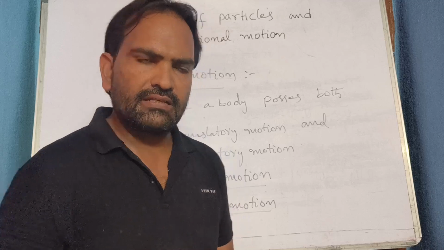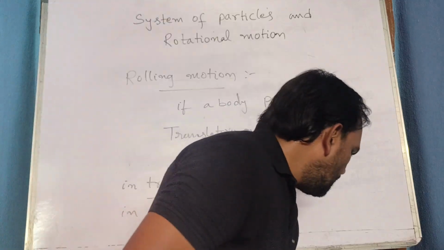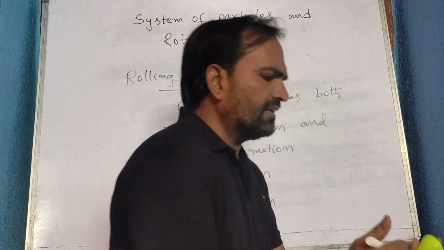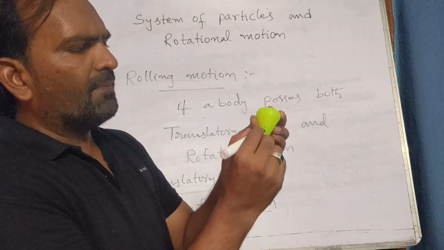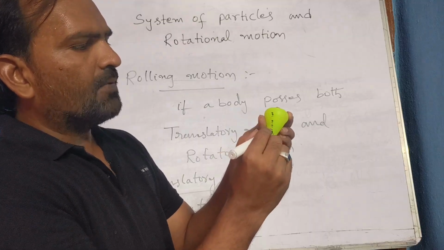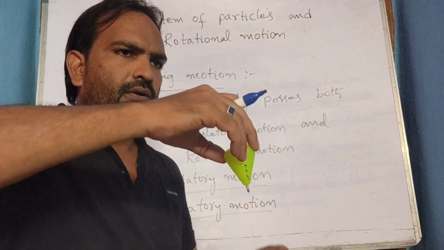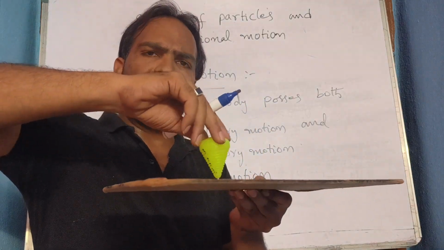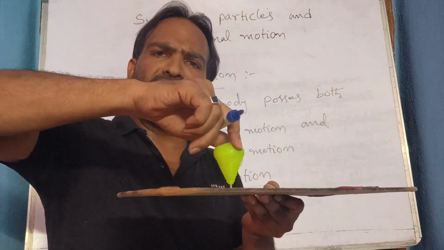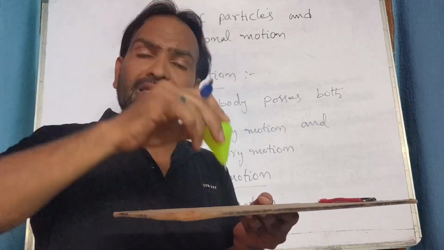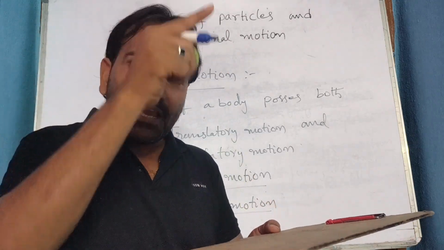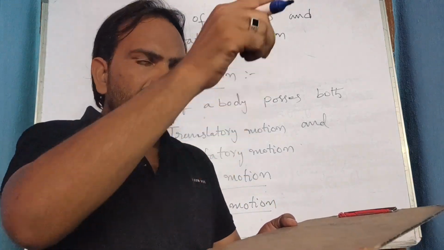Good students. So for example, this body has different particles. Observe carefully. All particles have a different circular path. All centers of the circles lie along the same line.